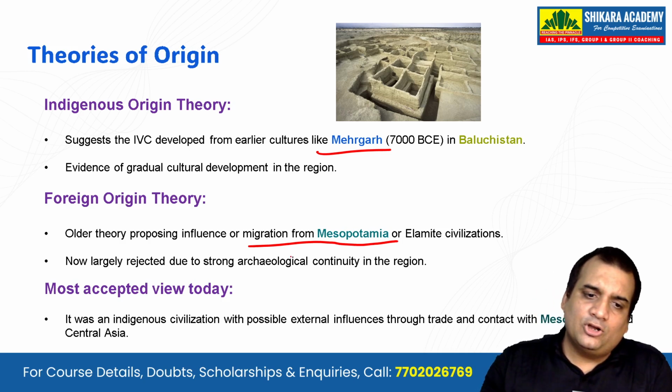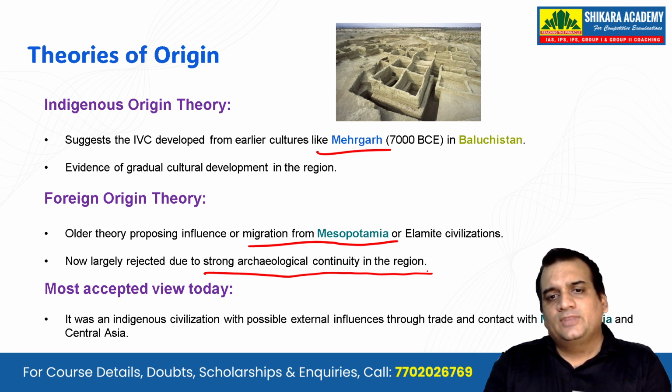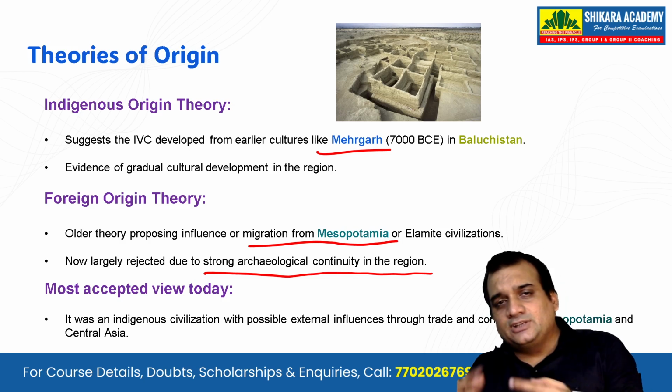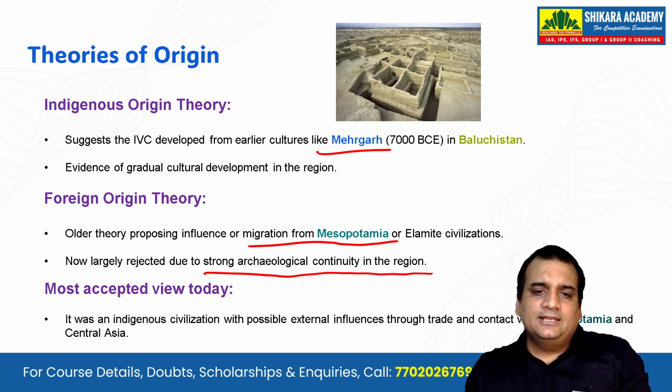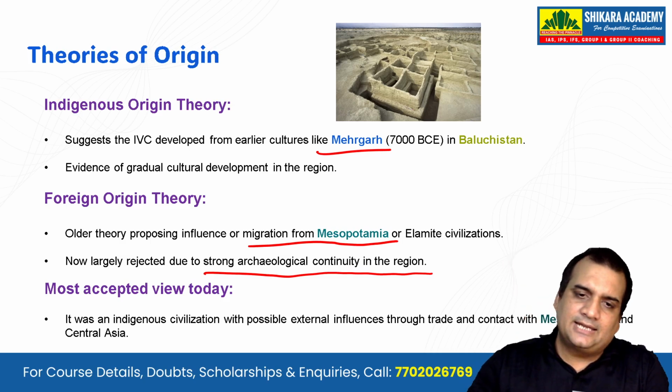Why? Because there is strong archaeological continuity in the region. If someone had traveled from Mesopotamia to here, then you might have seen discontinuity, but there is continuity. So what we can say is that it developed from earlier cultures like Mehrgarh and others.